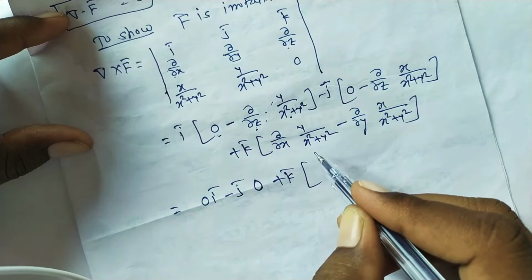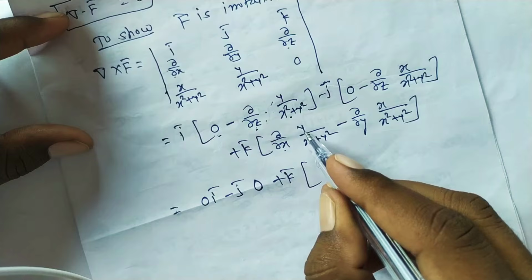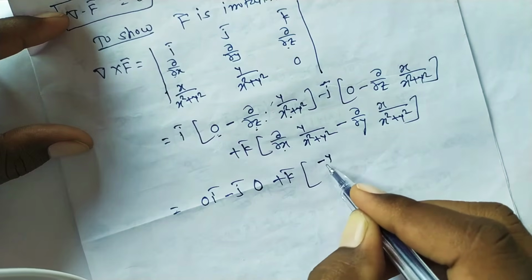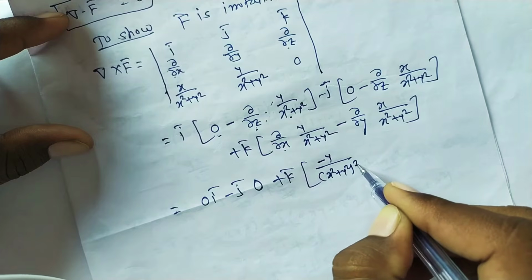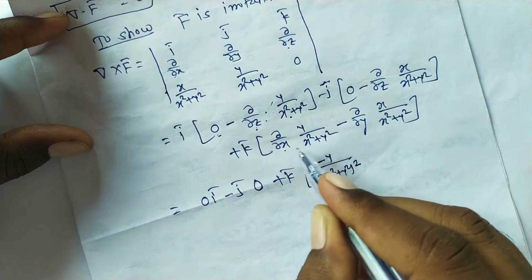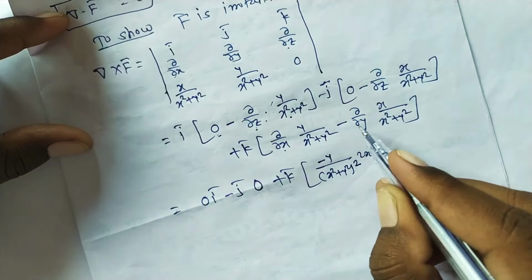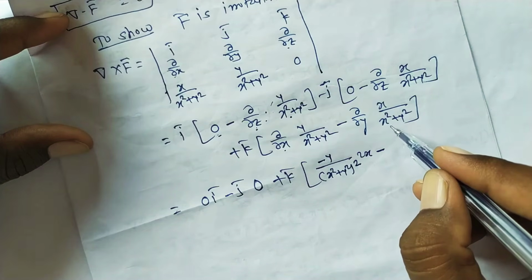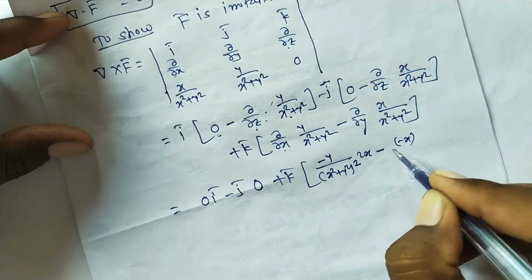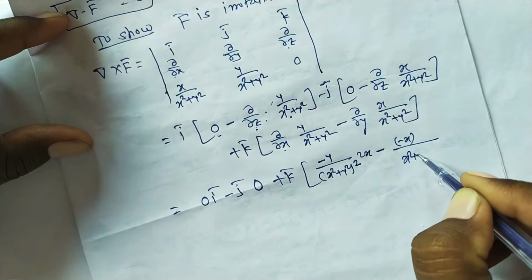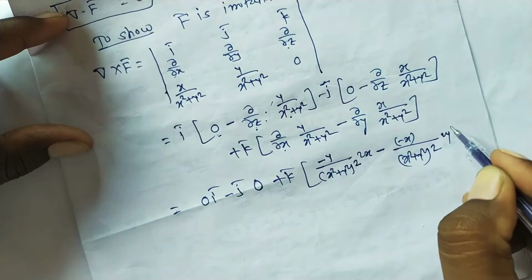We know the derivative of 1 upon x is minus 1 upon x square, so with respect to x this y is constant, so the derivative of this function is minus y upon (x square plus y square) whole square into the derivative of x square plus y square with respect to x, which is 2x. Same here, minus sign, the derivative of this function with respect to y is minus x upon (x square plus y square) whole square into the derivative of x square plus y square with respect to y, which is 2y.